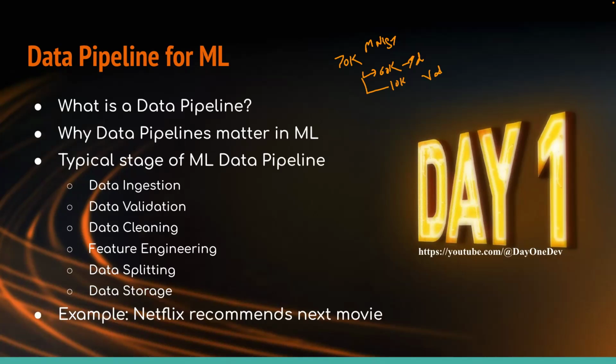I'll just call it machine learning, insights, and all that stuff. As I called out here, Netflix is one of our best examples. Most of you might be seeing it, or if you are not a Netflix user, you can visualize any online movie streaming platform.